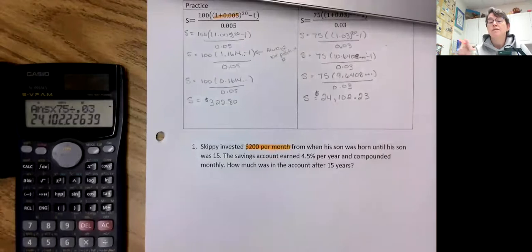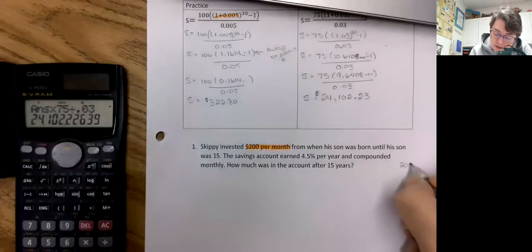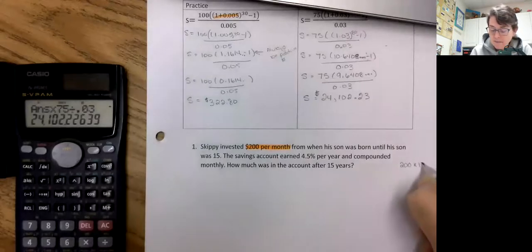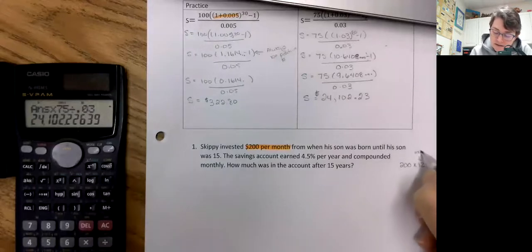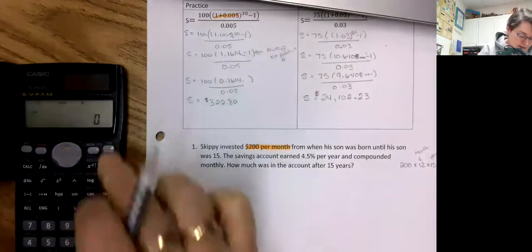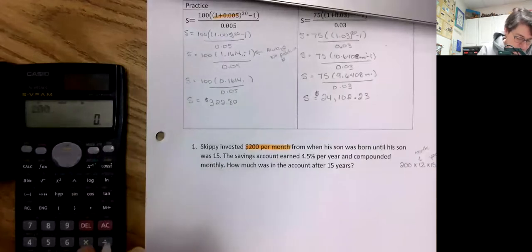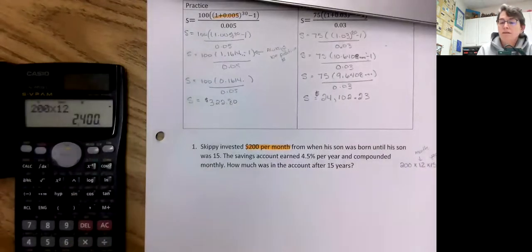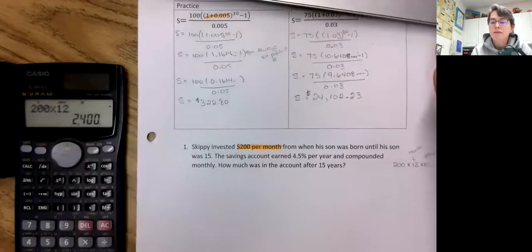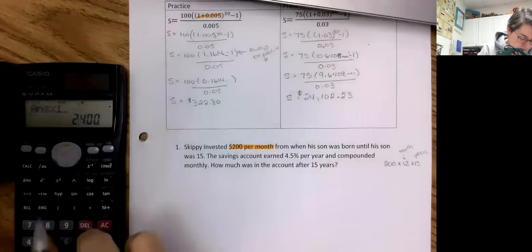So he's putting in $200 the first month, $200 the next month, $200 the next month, and that's going to get added up for 15 years. Let's imagine that Skippy didn't trust the banks, and he put in $200 a month times 12 months a year, times 15 years. 200 times 12 is $2,400 a year, times 15 years.